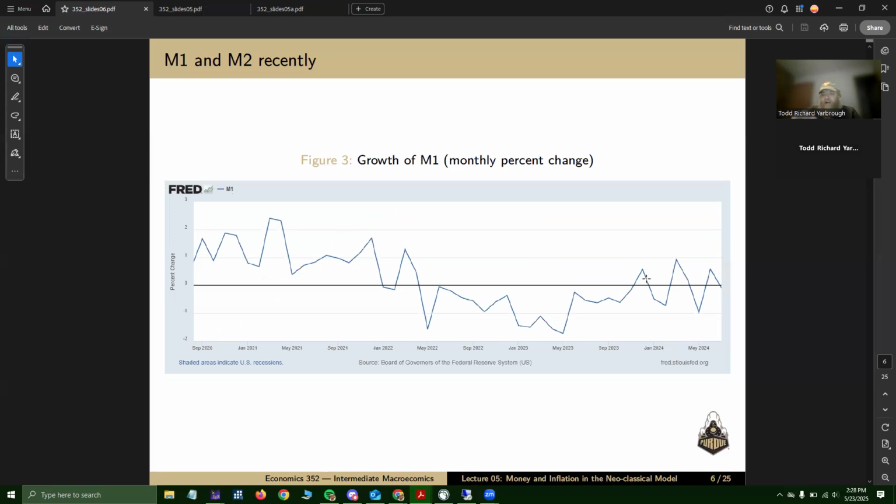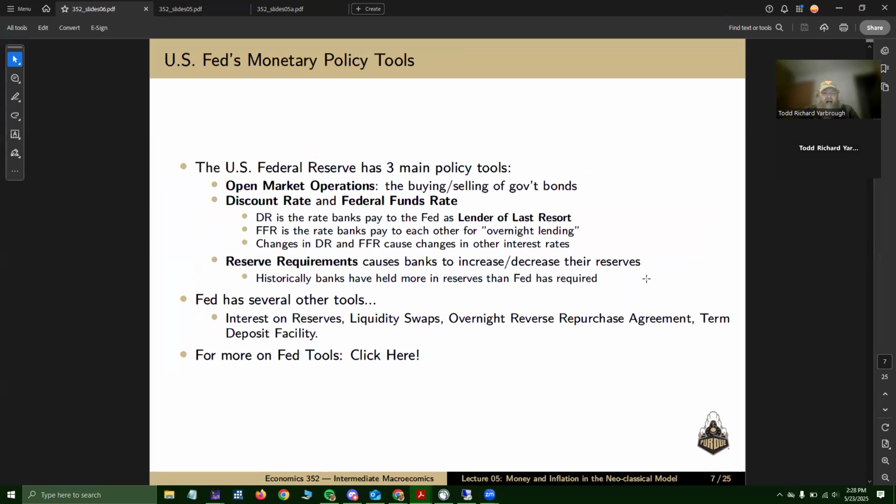And then once the Fed started targeting higher interest rates as a means to try to fight the inflation that we saw in 2022 and 2023, we see the growth rate of the money supply decline as we would expect.